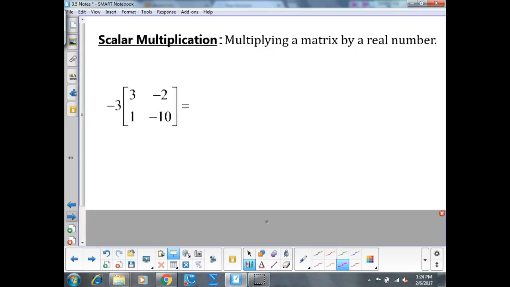Scalar multiplication is where we have a number in front of the matrix, and that number then gets distributed inside the matrix. Distribute.